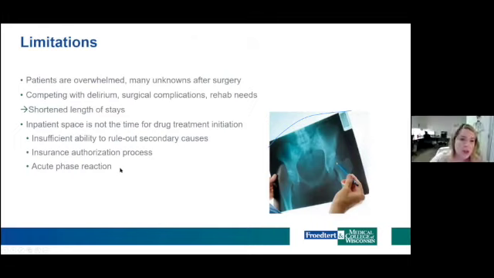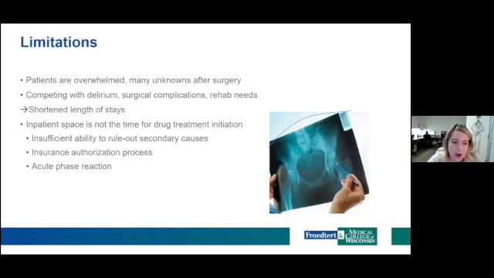Okay, thank you. There are definitely limitations to this. Patients are really overwhelmed after surgery. There's a lot of unknowns after surgery. You're also competing with things like delirium and surgical complications and their rehab needs. So sometimes you want to come in and talk about their bone health and their osteoporosis, and they just can't make it there with you.